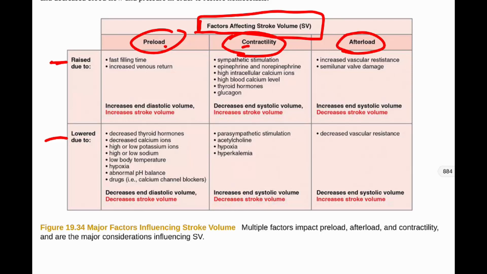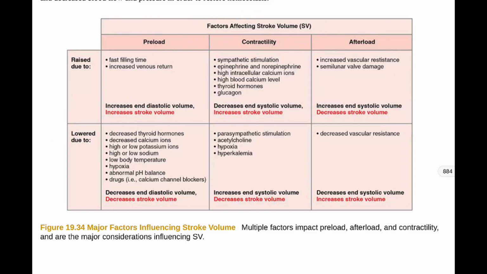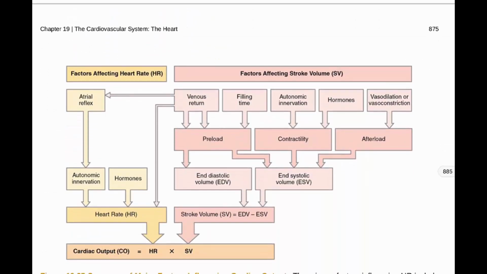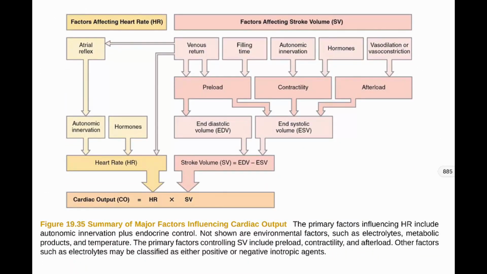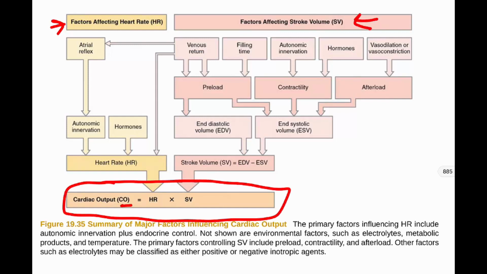All right, and here's another one, a summary of the factors. This is factors affecting the heart rate, which we talked about. There's a little summary here. Factors affecting the stroke volume, and then again our equation here, our cardiac output is the heart rate times the stroke volume, and all the different things that are going to affect both factors in this equation.